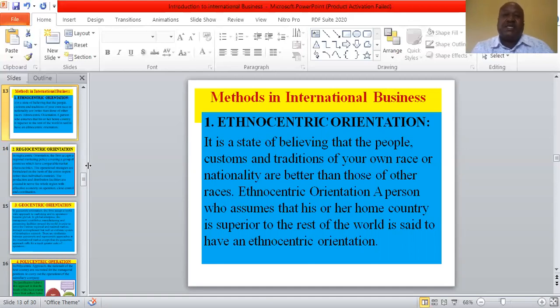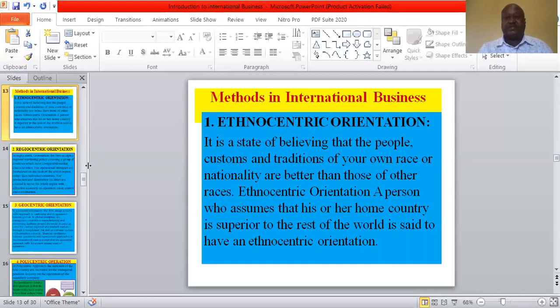One is ethnocentric orientation. It is a state of believing that the people, customs, and traditions of your own race or nationality are better than those of other races.